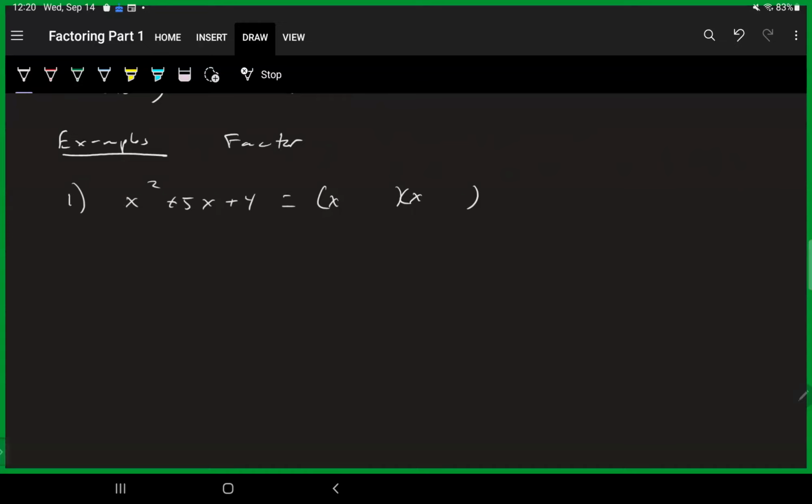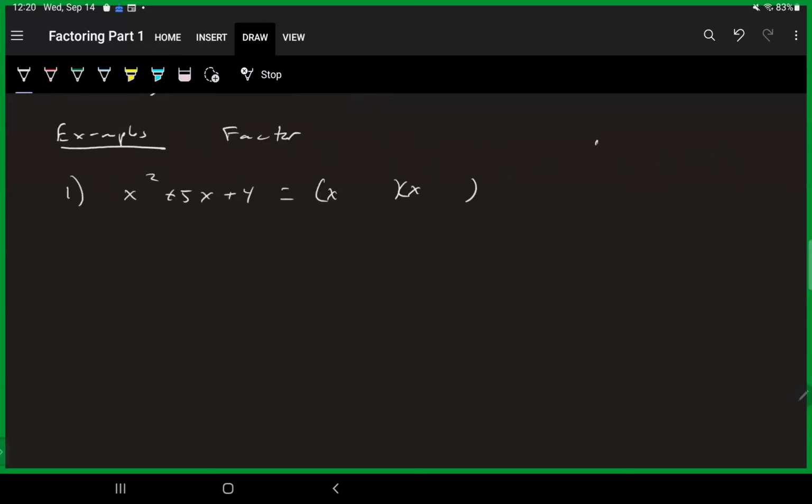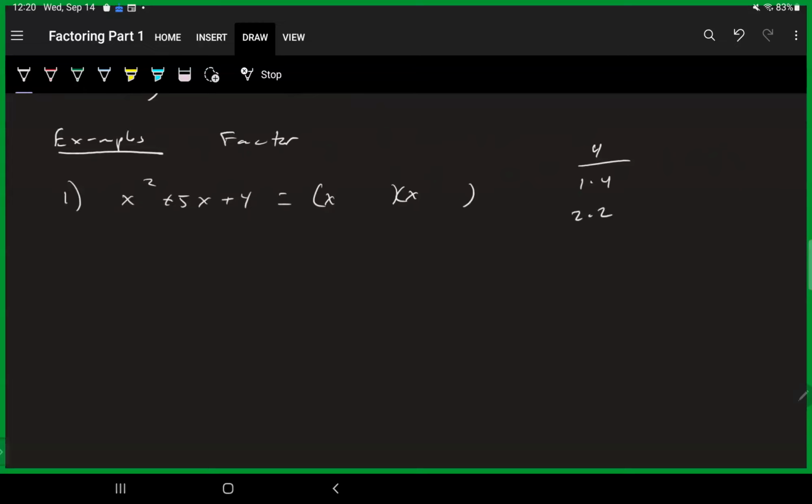I also know that I can make 4 as 1 times 4 or 2 times 2. And this is going to give me a clue at what I should put at the end of my linear factors. So I need to make 4 through multiplication. So one of these work. But then I need to add the two together, because when I multiply things out, that's going to give me my middle term.